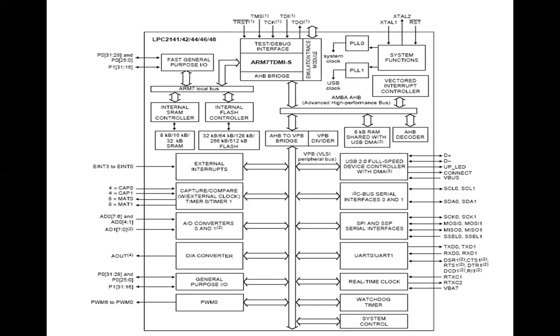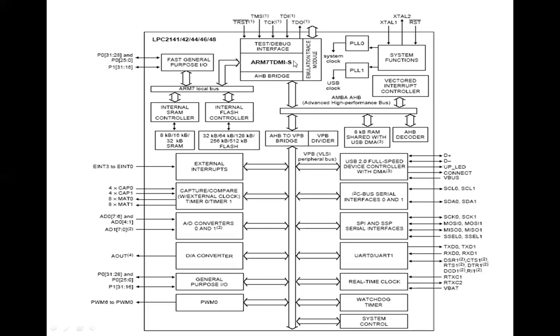Now in front of you, you can see the internal structure or architecture of ARM7. If I move my mouse cursor over it, it is highlighted like ARM7 TDMI-S is a processor.